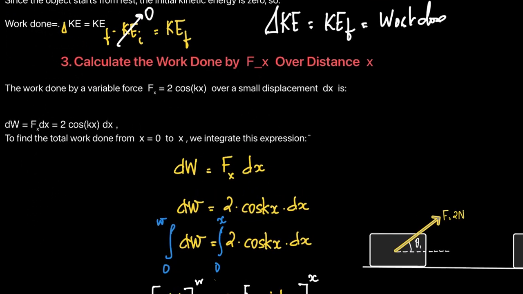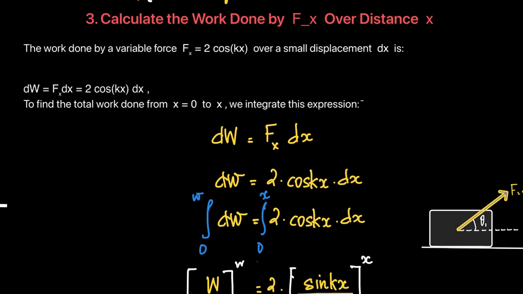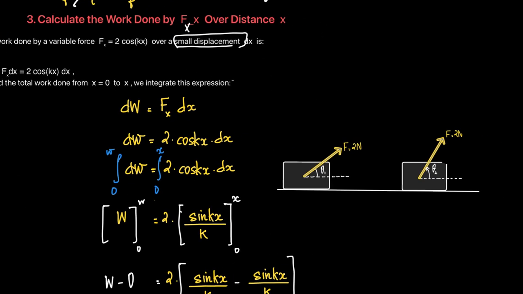If that much portion is clear, now we can find out the actual work done. We'll find out the work done by the x component over a small displacement, say this much is dx. Then we'll integrate this from x equal to 0 to x equal to x.